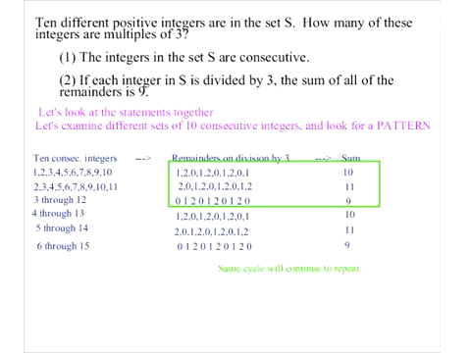So notice the only time you get a sum of 9 is when you have this set that's right here. All of these, the orange ones, which have a sum of 9, will all contain 4 multiples of 3 each.